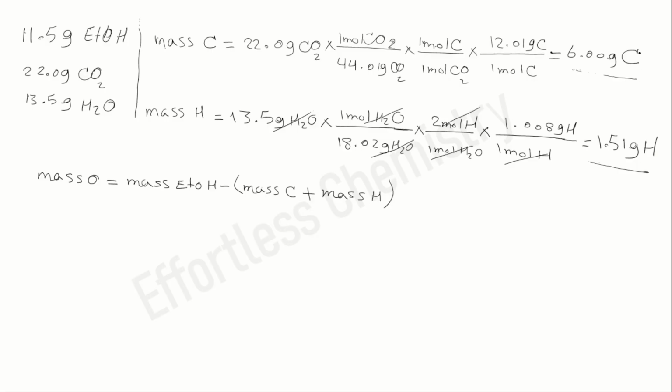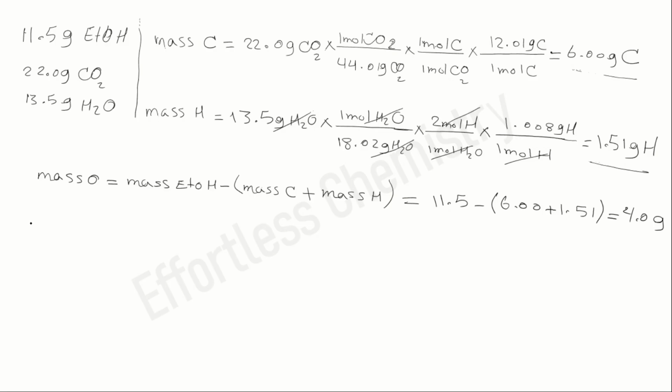So if you sum these two masses and subtract from the total mass that you already have, you can find the mass of the remaining element, which is 11.5 minus 6 plus 1.51, which would be 4 grams of oxygen.